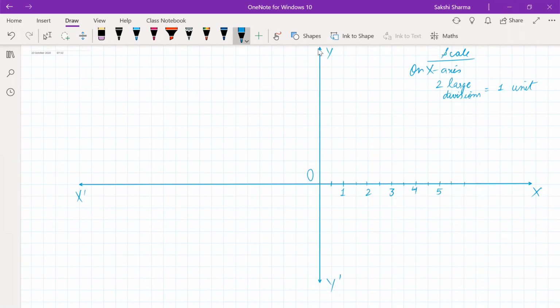I think this way it will be easier, or you could just work out the regular way. And on the y-axis, I'm not changing it. I need up to 8.